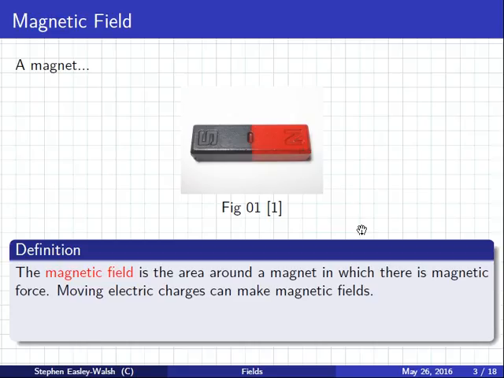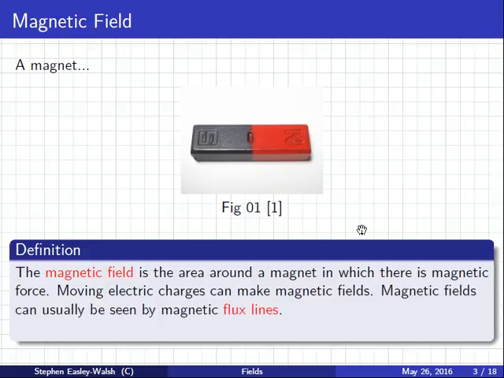So how can you make a magnetic field? Well, interestingly, a moving electric charge can make a magnetic field. So any charge that moves makes a magnetic field. By the way, what do we call a moving charge if you think back to electricity? Yeah, so a current makes a magnetic field.